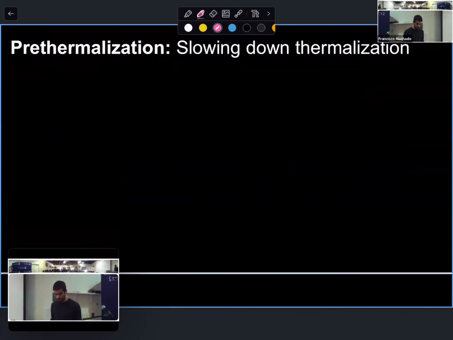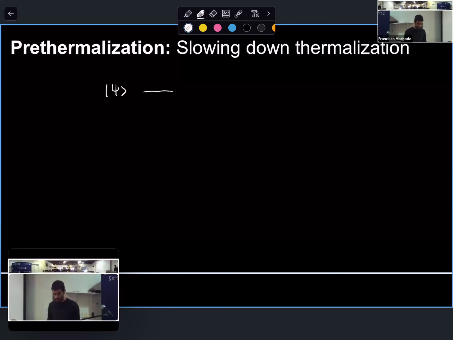So one of the questions that we came across yesterday was the idea that if I start with an initial state and I let the system evolve under my dynamics, eventually it approaches a thermal state with respect to some Hamiltonian. And this was one of the things that we were thinking about in terms of quantifying the equilibration. But the other question that we were asking was exactly what is the time scale on which this happens.